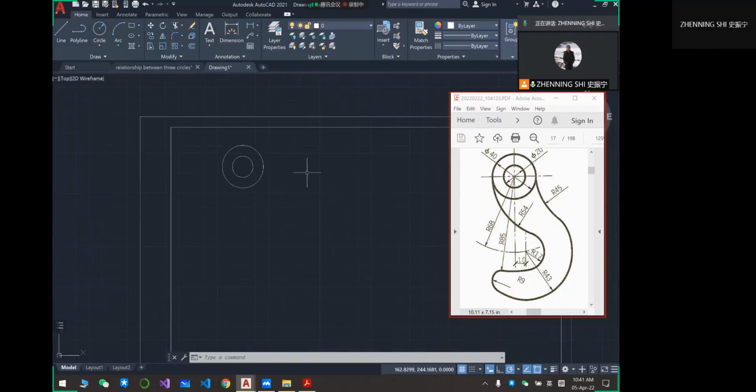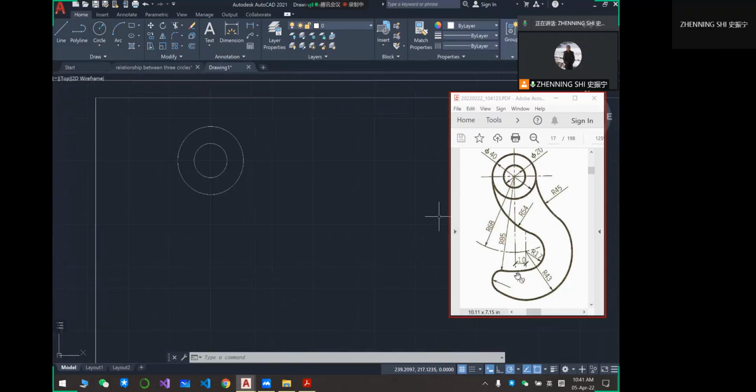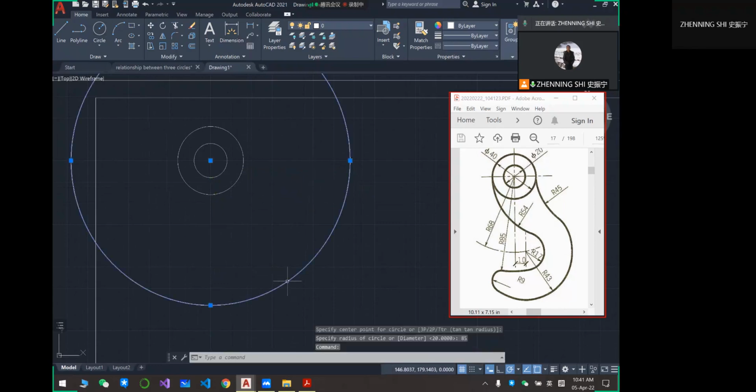The next step is to draw R85 with the same center. Let me draw R85.